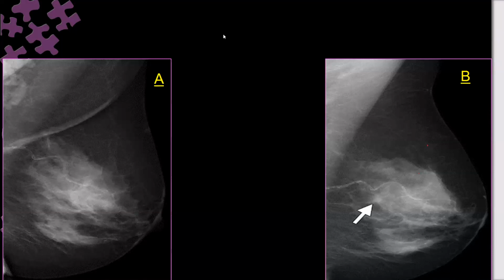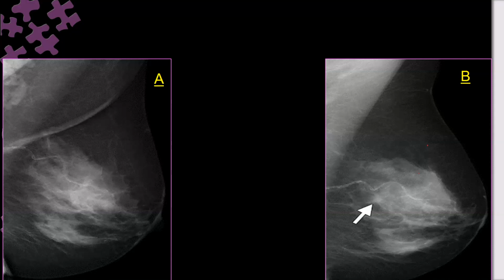Why is B first? On what basis? I changed my mind because I see something rounded, but it's not in the same place as in A. I thought it is in A. It is a rounded lesion, but it is anterior to this side.